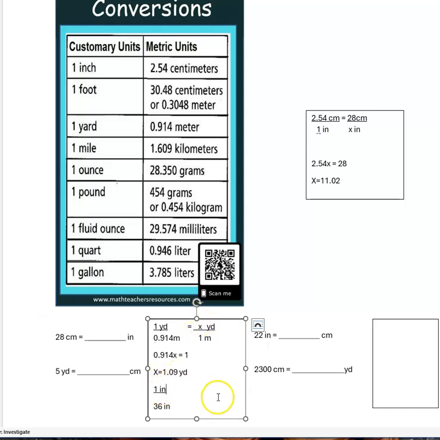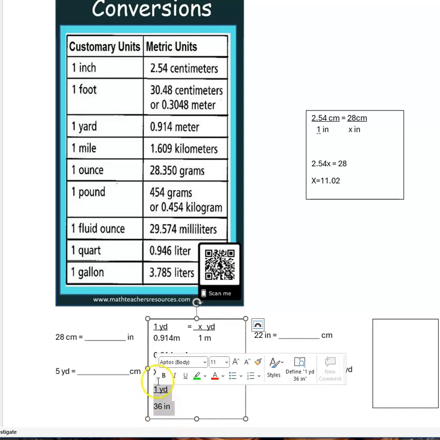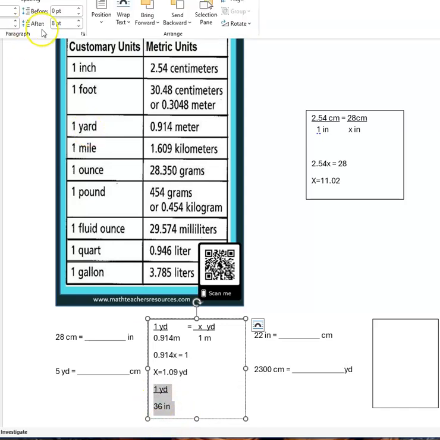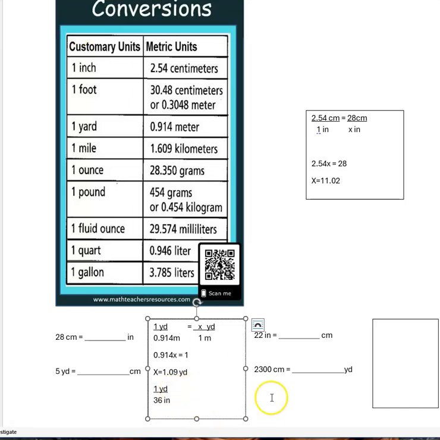It's 1 yard equals over 36 inches. Okay, there we go. Equals, and I have up here 1.09 yards, and I'm going to have X inches.